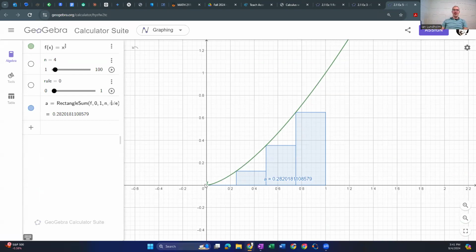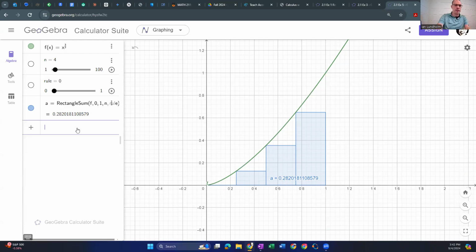The idea here is that we've got our function, and we're trying to use rectangles to estimate the area. Right now, I would not blame you for saying that doesn't look like a great estimate, because we're trying to measure all of this area that's swept out here.